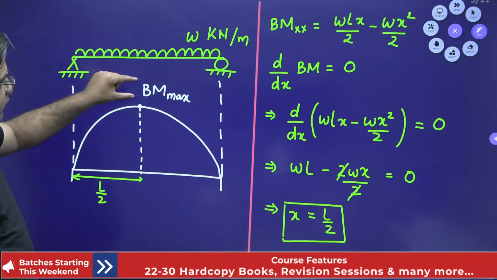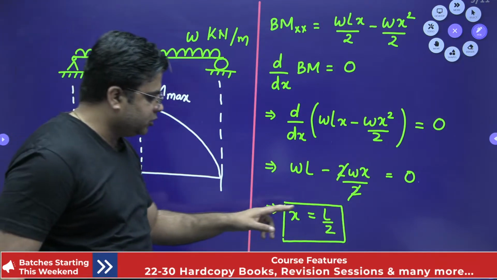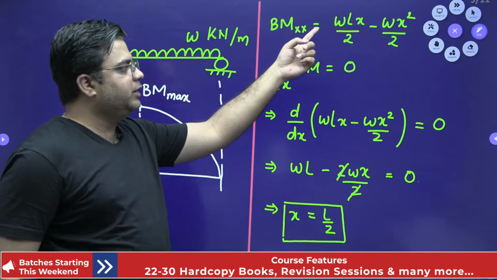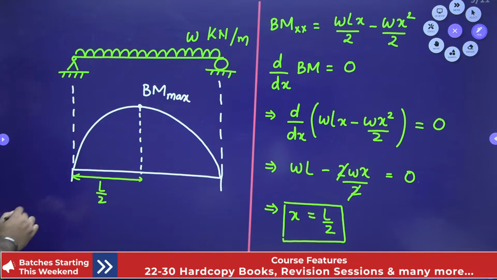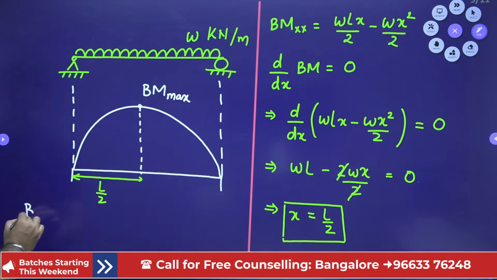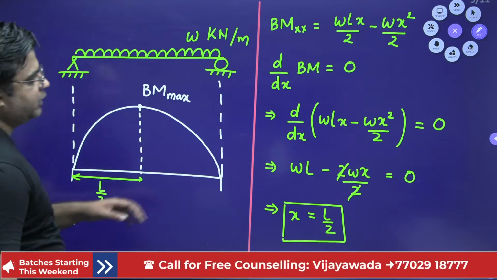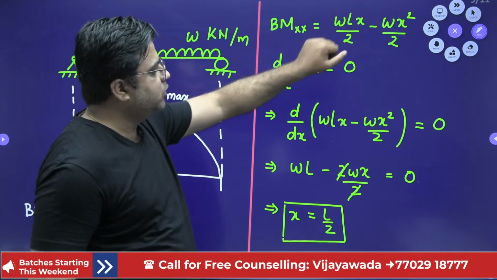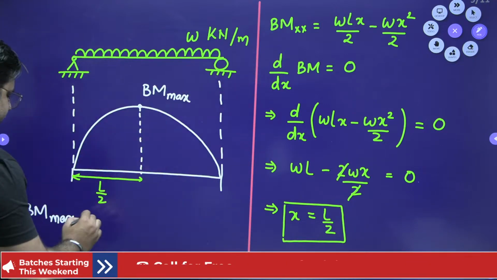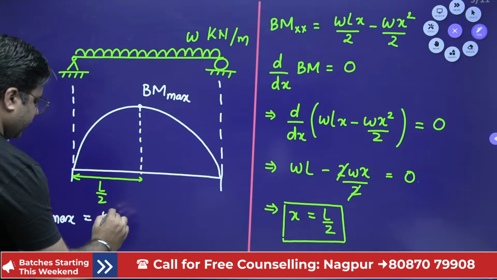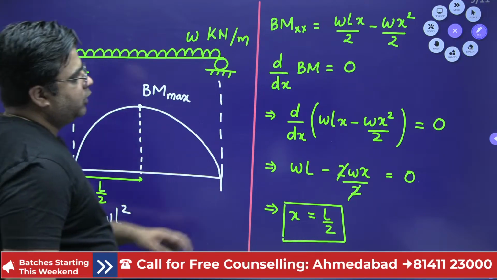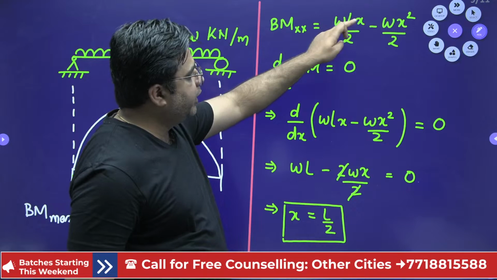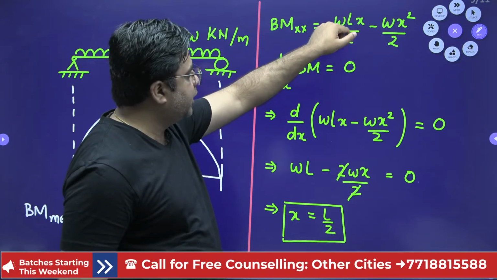Now, what is the maximum value of bending moment? Just substitute X equals L by 2 in this equation and you will get the maximum value of bending moment, BM max. So when you do that, you have WL by 2 into L by 2, so this will be WL square by 4.